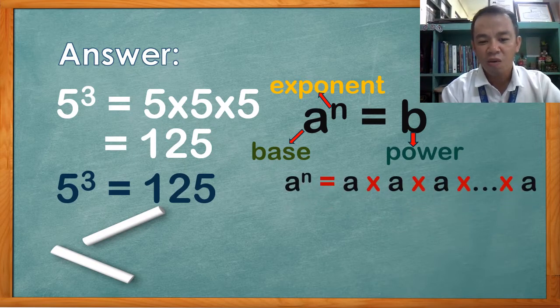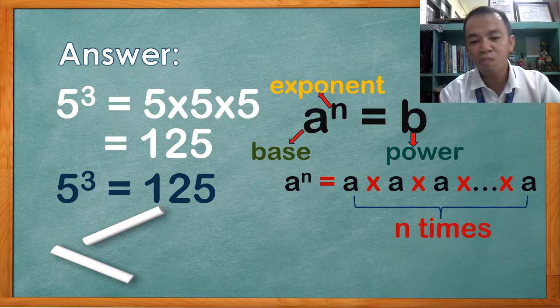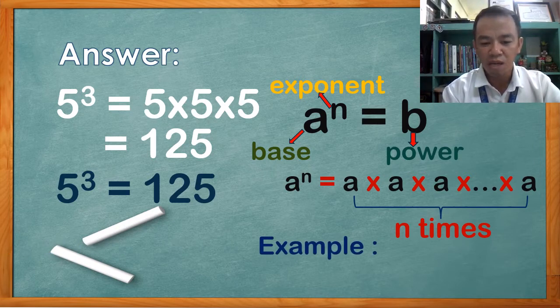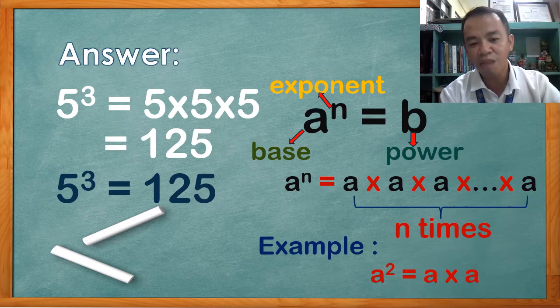When we say a to the n, that is equal to a times a times a times ellipses times a, where that a is multiplied n times. If you observe, that n times is just the exponent of a to the n. Just as an example, a squared is basically a times a.